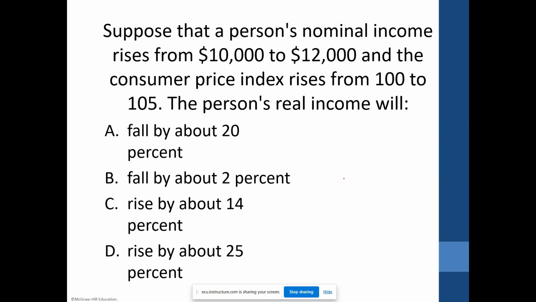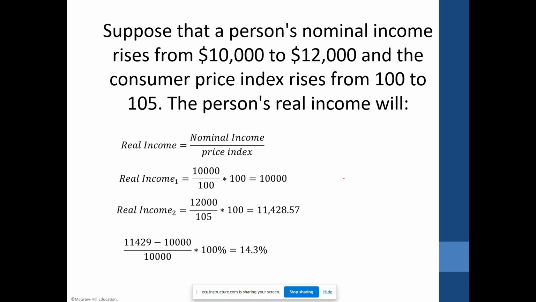Another one, pause and come back. We need two steps to solve this question. Firstly, we need to figure out the real income for each year: the initial real income divided by the initial price index, and the new real income divided by the new price index.